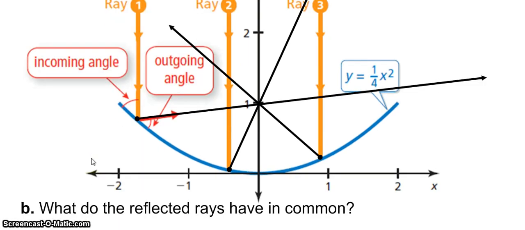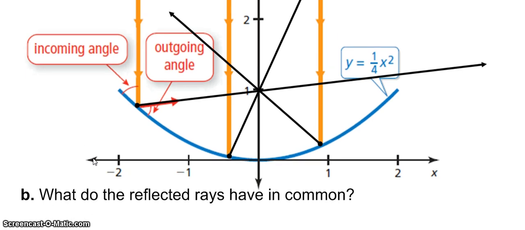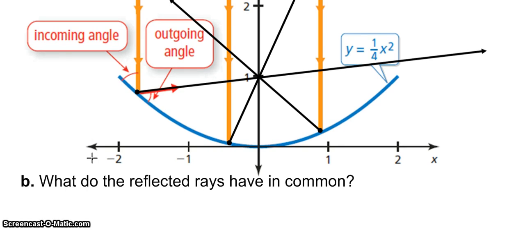Now, what do they all have in common? Well, they should all intersect at the same point. So that's what they have in common.